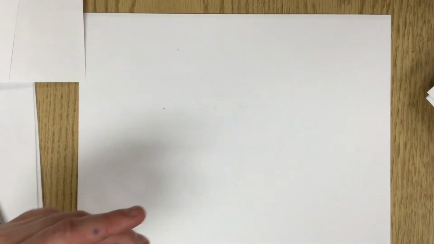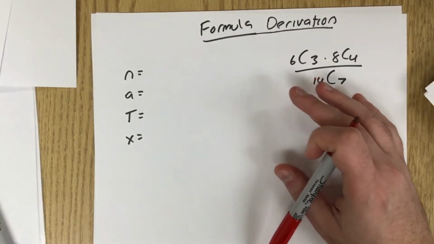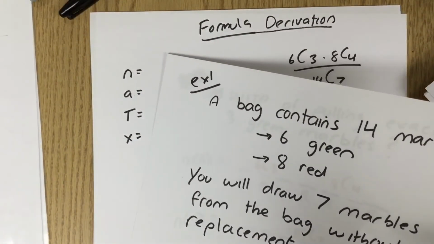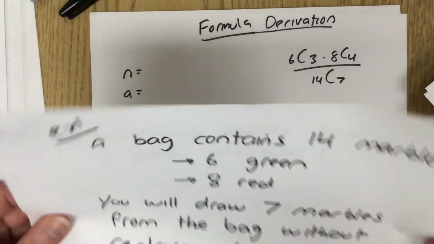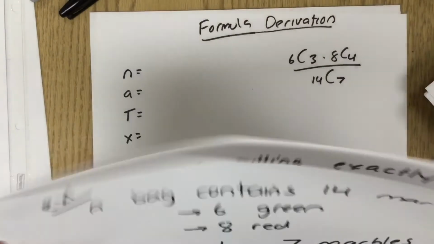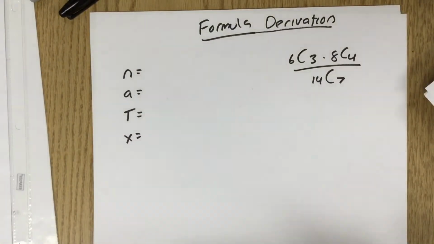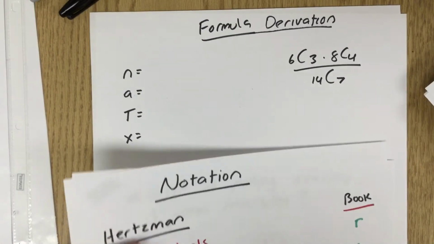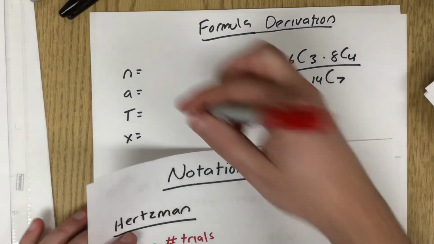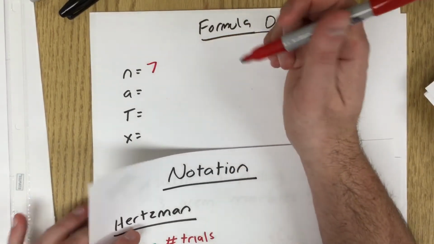Okay, so let's figure out the formula. I need these things over here. So what we know is N was the number of trials. So the number of trials in this case was 7. We pulled out 7 marbles.